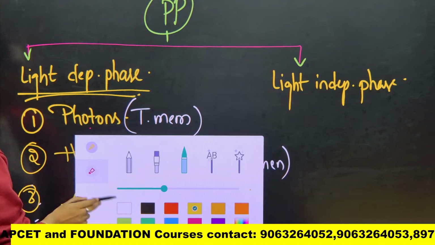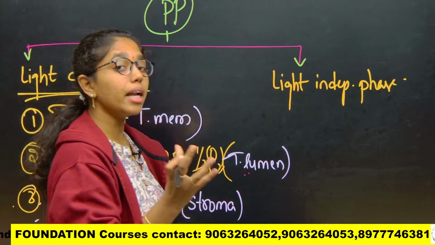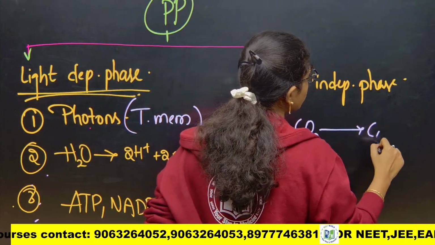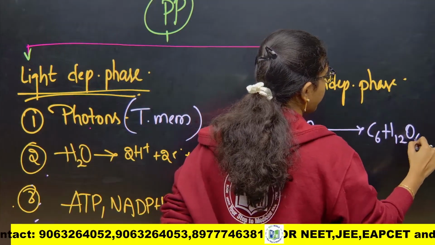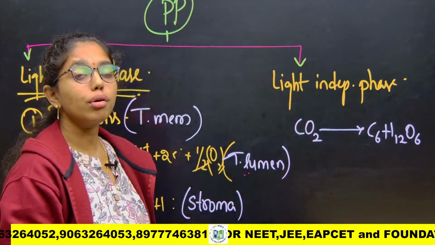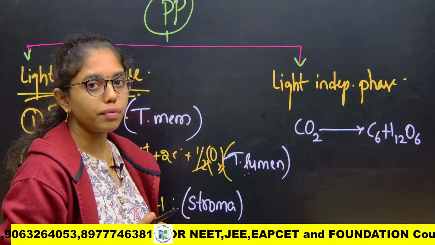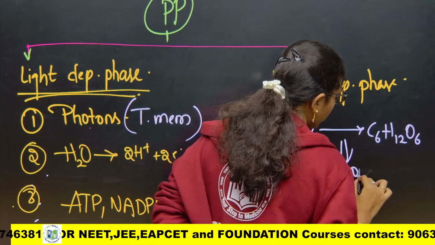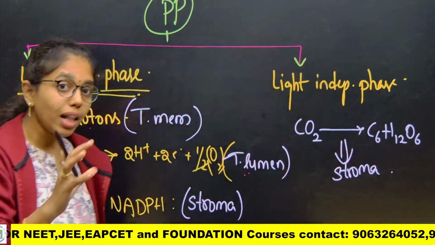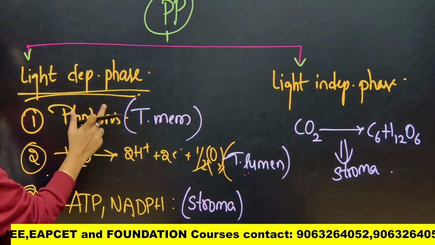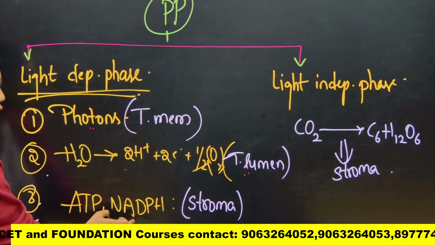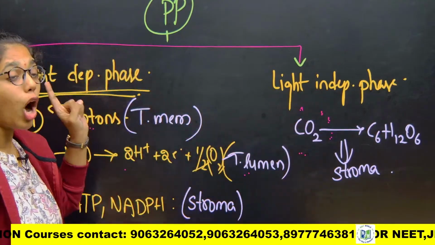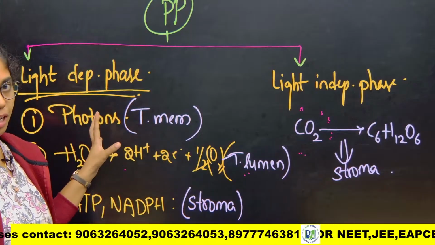And in the dark reactions, or light independent reactions, carbon dioxide is reduced to glucose, also called carbon dioxide fixation. This occurs inside the stroma of the chloroplast. Keep all the locations in your mind in the chloroplast organelle: where photon absorption takes place, where photolysis occurs, where assimilatory power is formed, and where carbon dioxide fixation is happening.